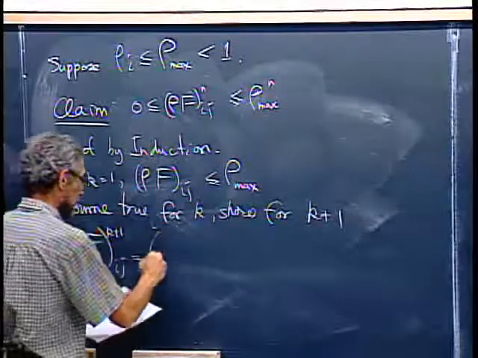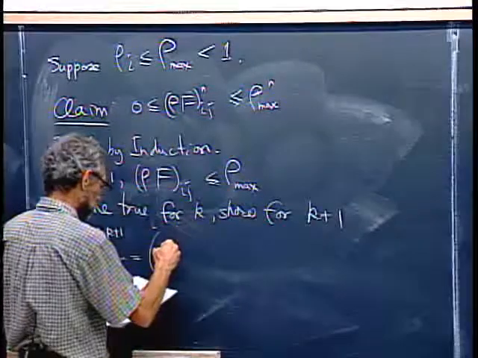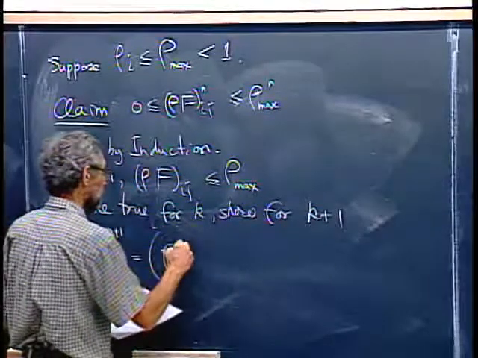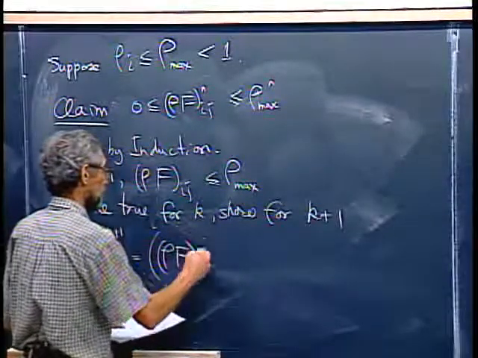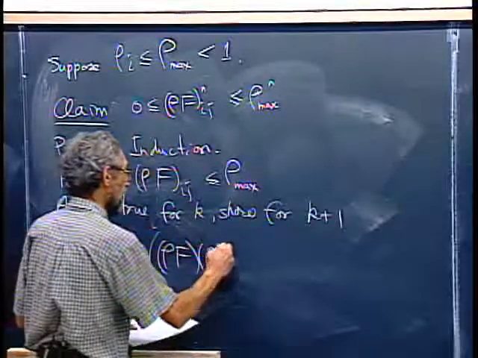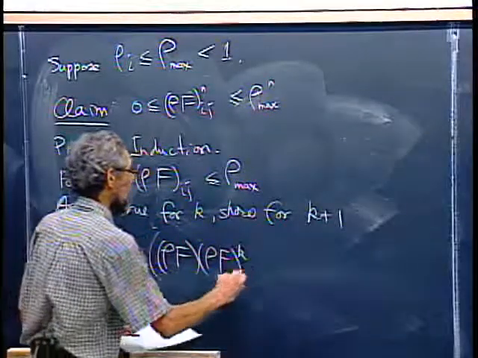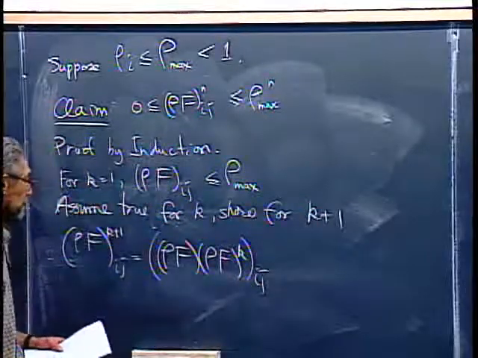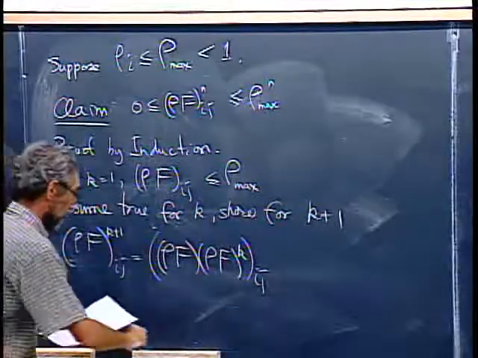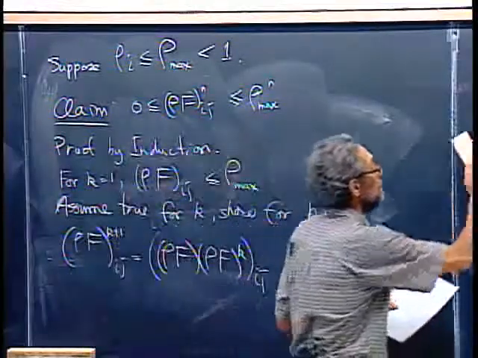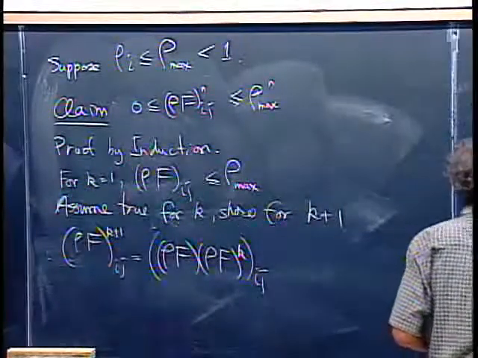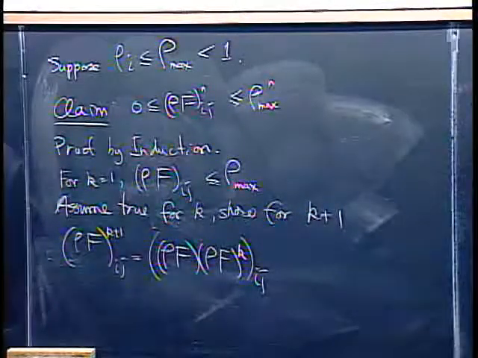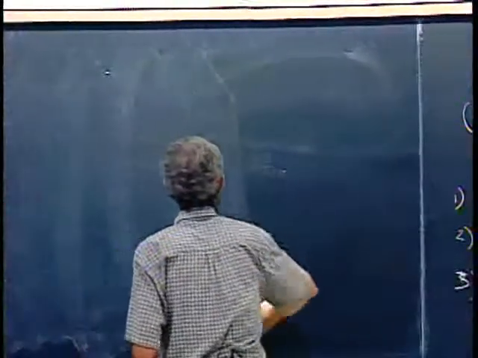To use the induction hypothesis, I'm going to have to pull off a rho F and then a (rho F) to the k power and look at the ijth term of that. So what can I do?